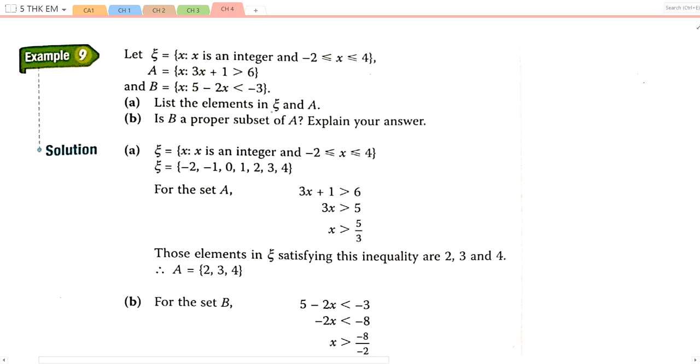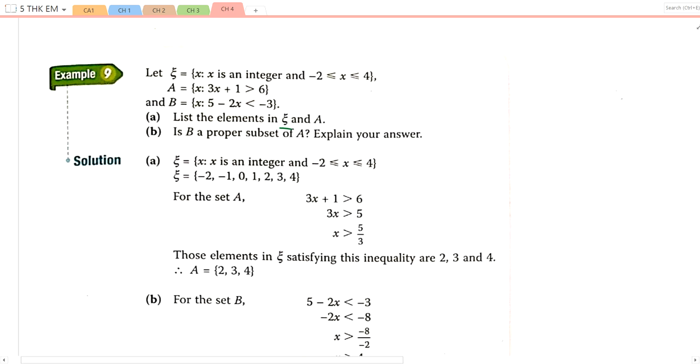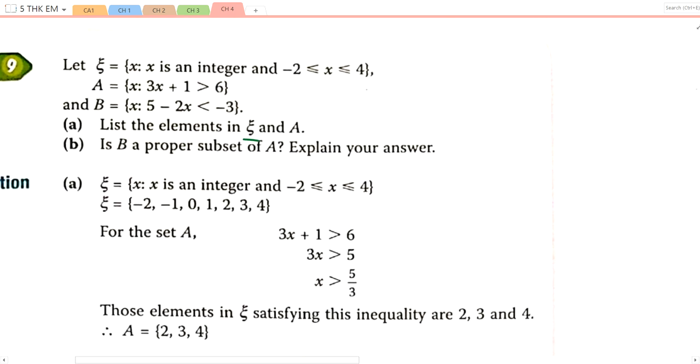Listing down the elements in the universal set, the elements will be -2, -1, and so on until 4. For the elements inside A, you just need to solve the inequality and list down all the values. So x is greater than 5/3, meaning that we've got the elements 2, 3, and 4.